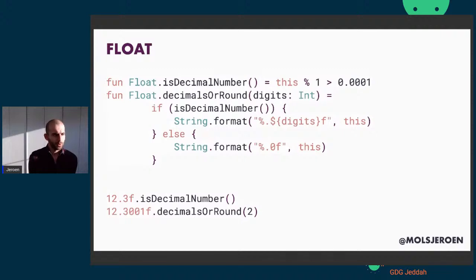It's not dividing by 1, it's a modulus operator. So instead of getting the division result, you actually get the remainder. And if that remainder is still significant, then it's a decimal number, otherwise it's not. Or a function to actually round something to exactly this amount of decimals.